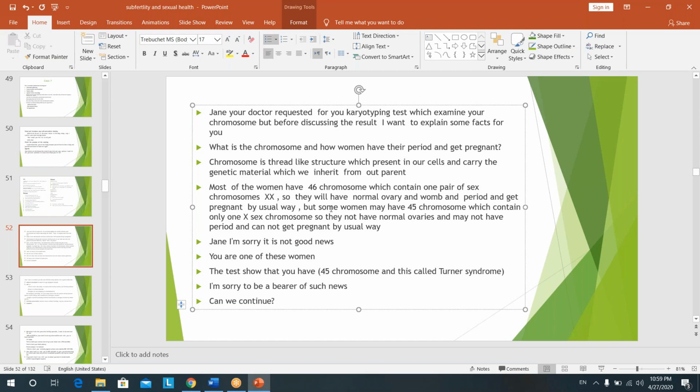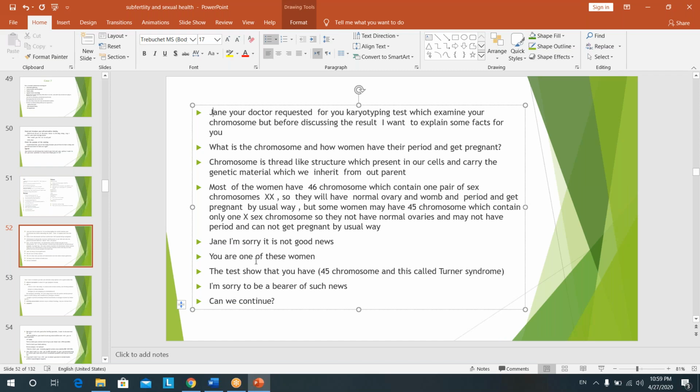But some women, take care, some women may have 45 chromosomes, which contain only one X chromosome. So they will not have normal ovary and they will not have period and they can't get pregnant by the usual way. Jan, I am so sorry. It isn't good news.